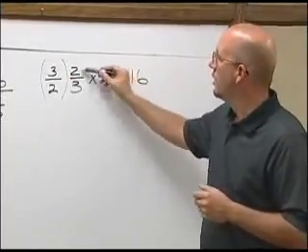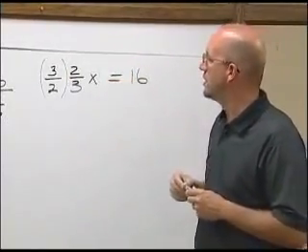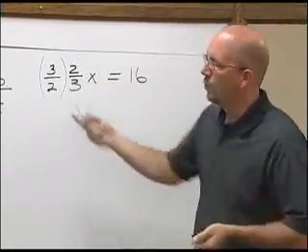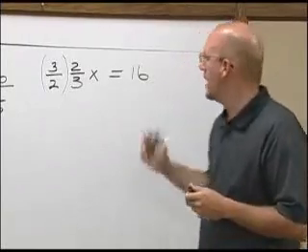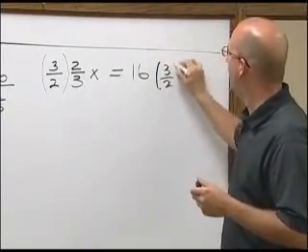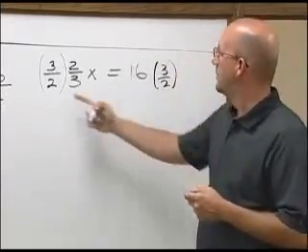So to undo the multiplying by 2/3, we will multiply by 3/2. Rule 2, do the same thing to both sides. So I need to also multiply this side by 3/2.